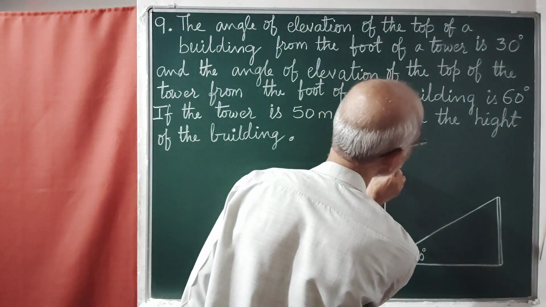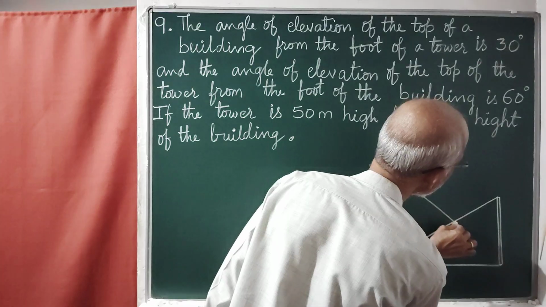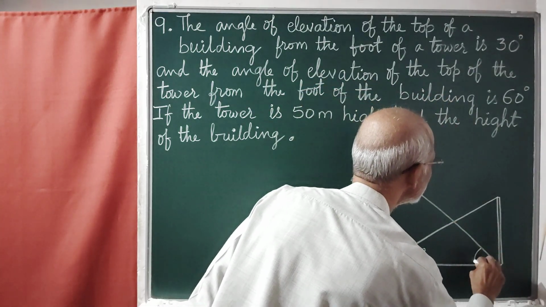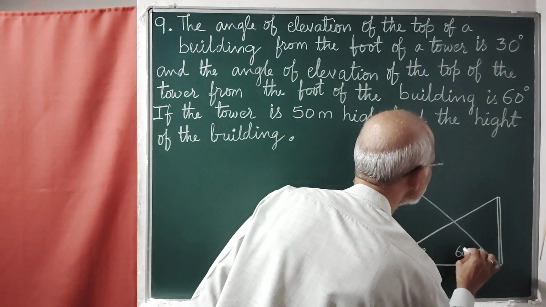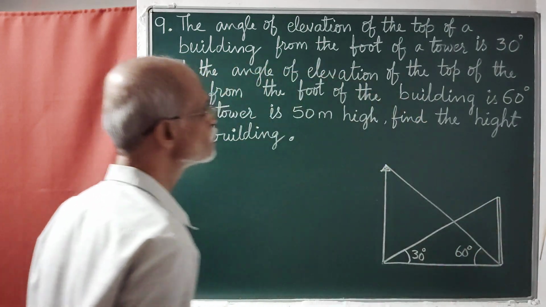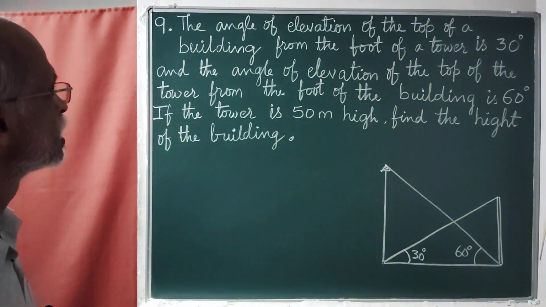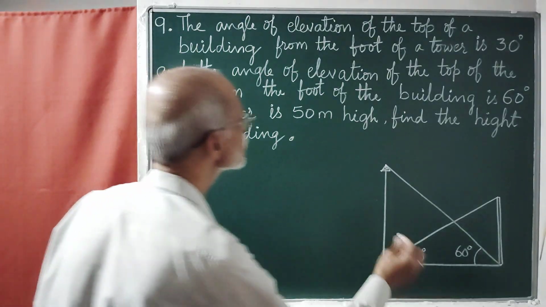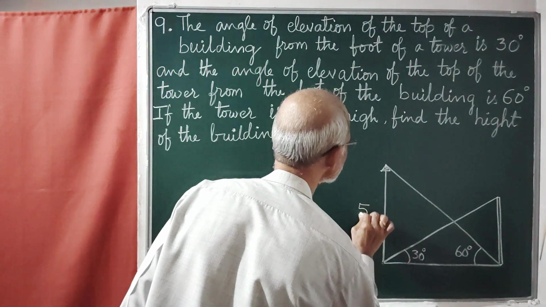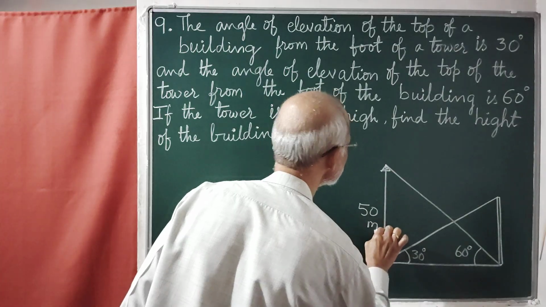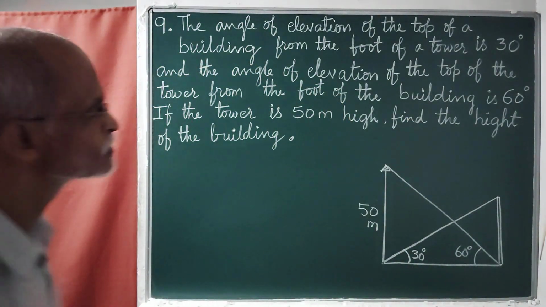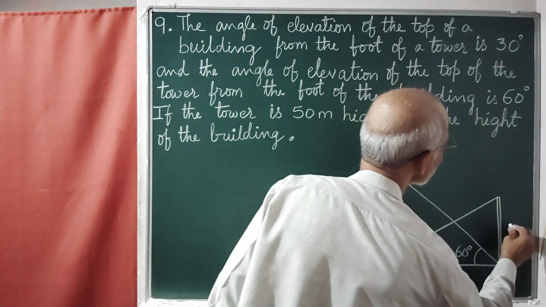So this is 60 degrees. If the tower is 50-meter high, the tower is 50 meters. Find the height of the building. So we have to find the height of the building.